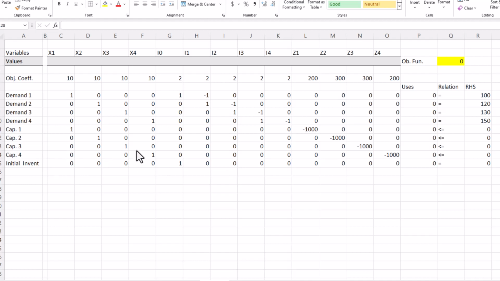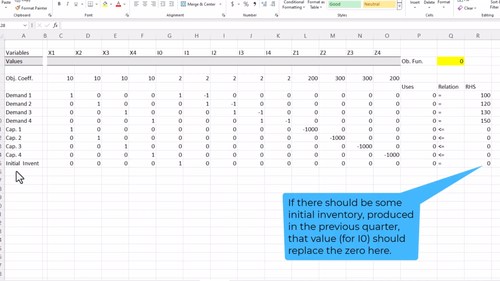Third period, x3 minus 1000 z3 less than or equal to 0, and so on. And finally, the last constraint, we must make sure that we force I0 to 0, otherwise everything will be produced in the first period or the initial inventory. So we can see that I sub 0 is going to equal 0.